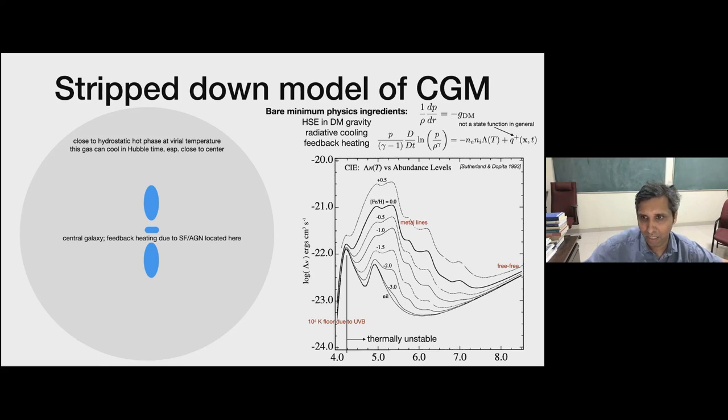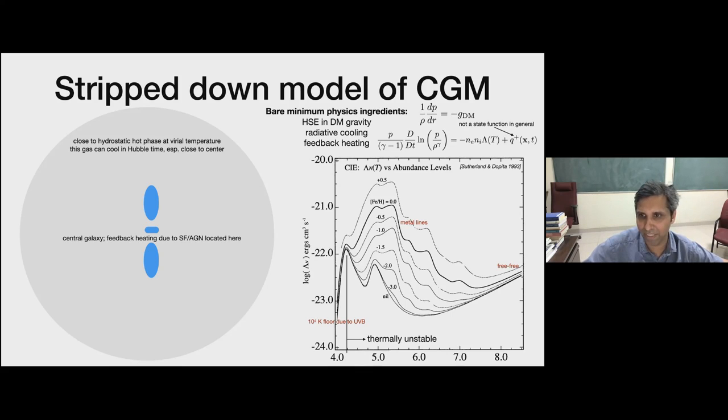Now here, I am showing a typical collisional ionization equilibrium cooling curve, and it's useful to keep this in mind because this applies to most of the topics that we are going to hear about in this conference. So here at very high temperatures, so this is log T, and this is 10^8 Kelvin, 10^7. So at very high temperatures, all the gas is ionized. You have free-free cooling.